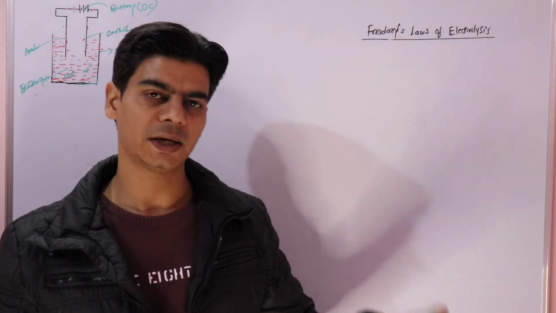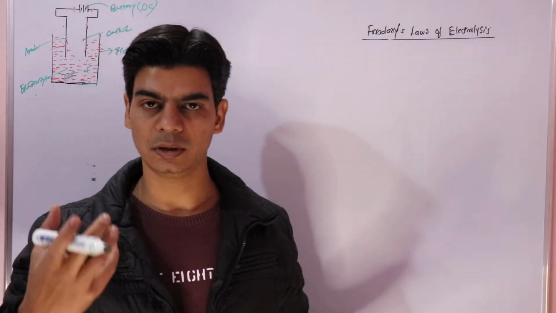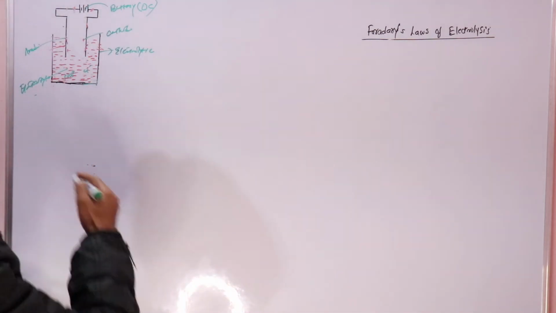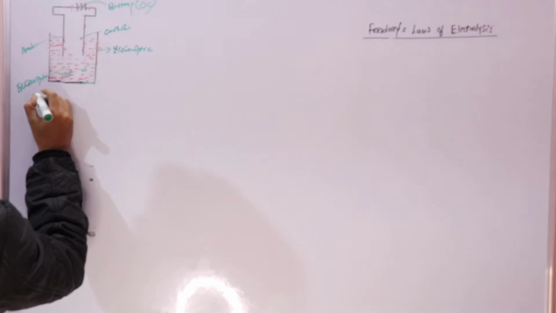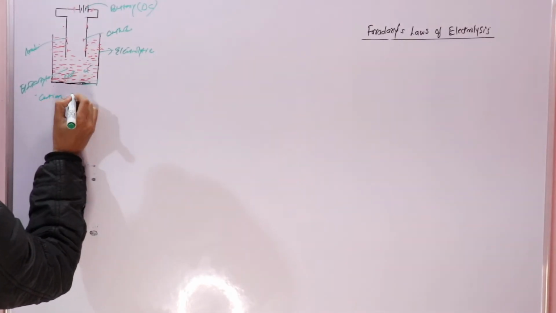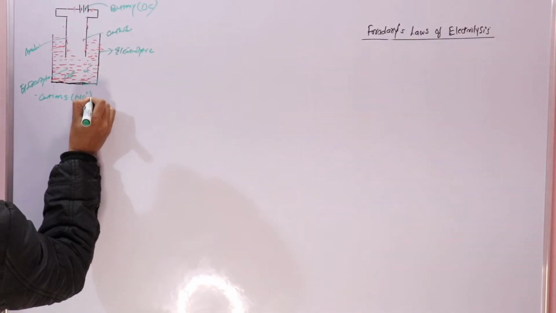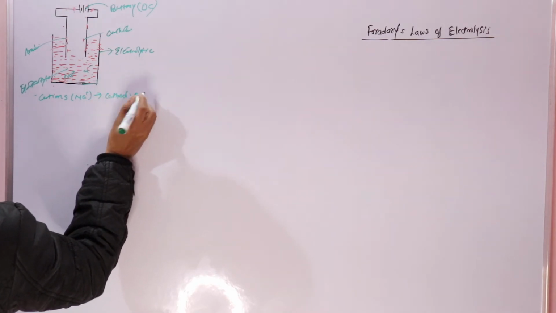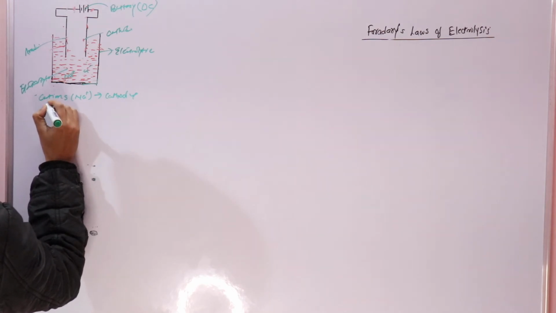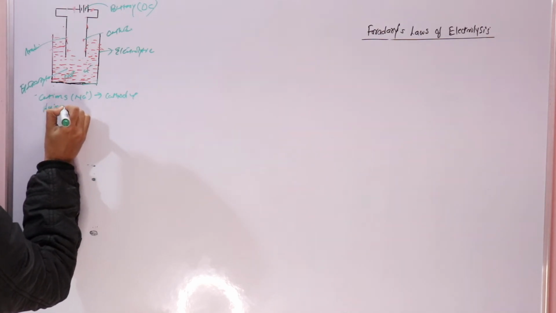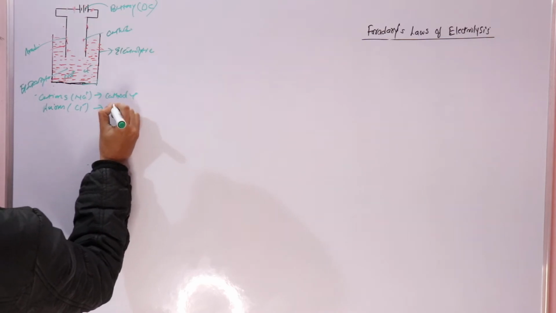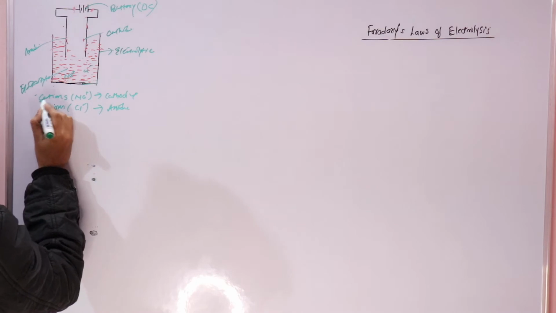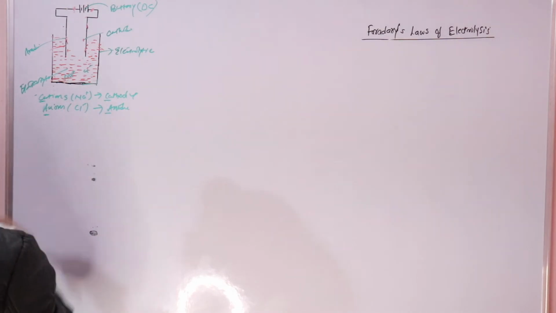Sodium ion, which is a cation, will move towards the cathode, and chloride ion, which is an anion, will move towards the anode. The way to remember this is: C moves to C, A moves to A.